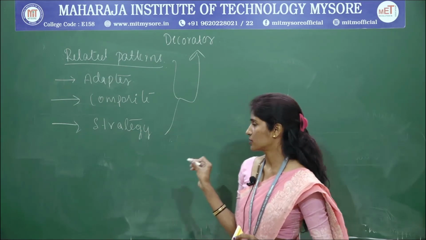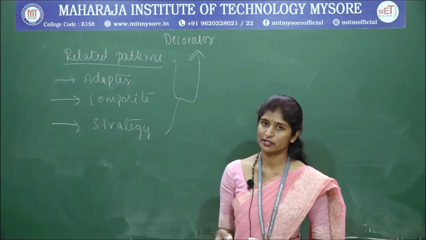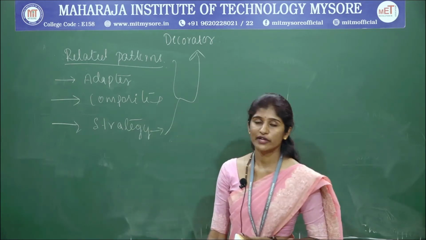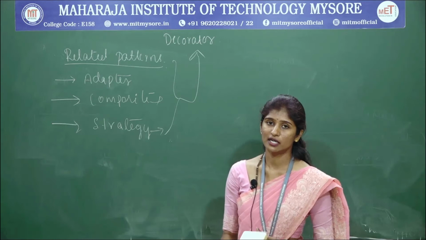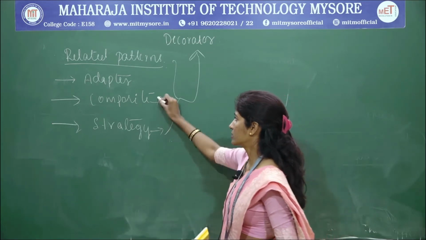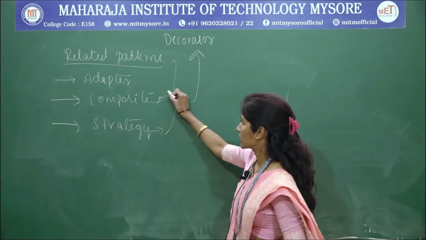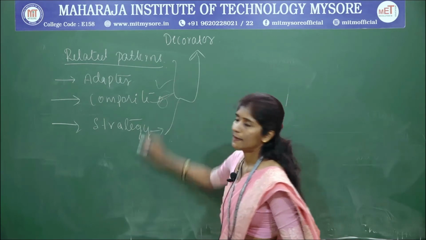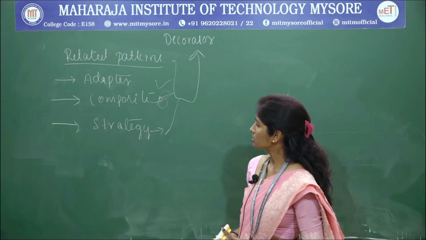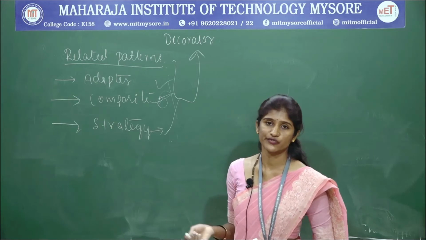Using this strategy, you can give a better implementation for the object guards. And this composite, the meaning itself tells, I told you, the component will be enclosed within an object itself. For that, the composite design pattern can provide solutions, right? There also you can go with this composite, and the adapter also, which is going to have interface implementations, right? So these three are the related patterns. You can use them according to the situations.